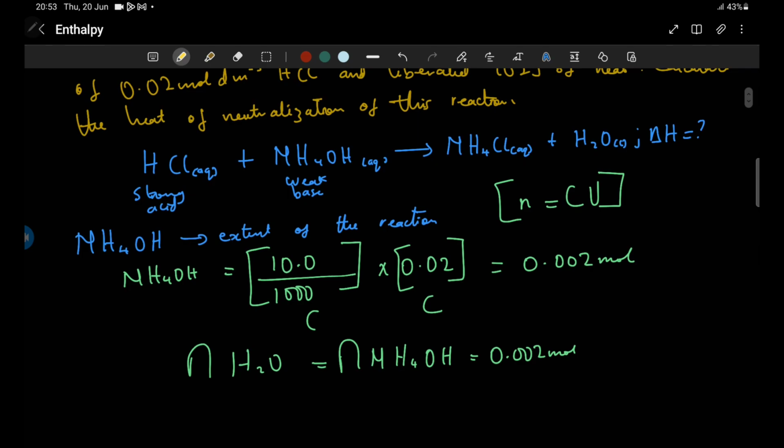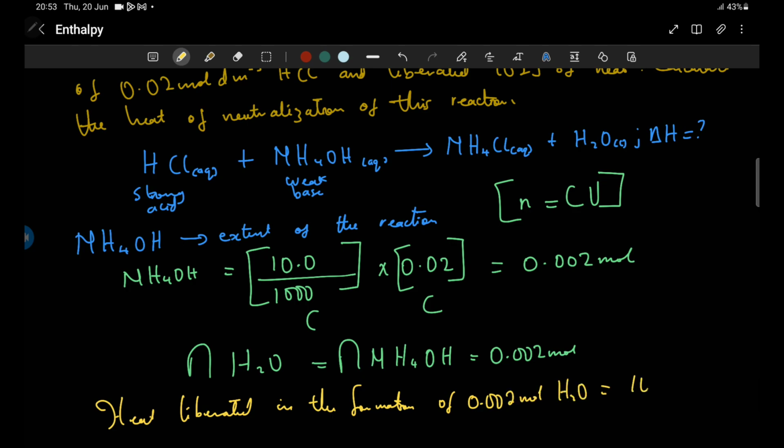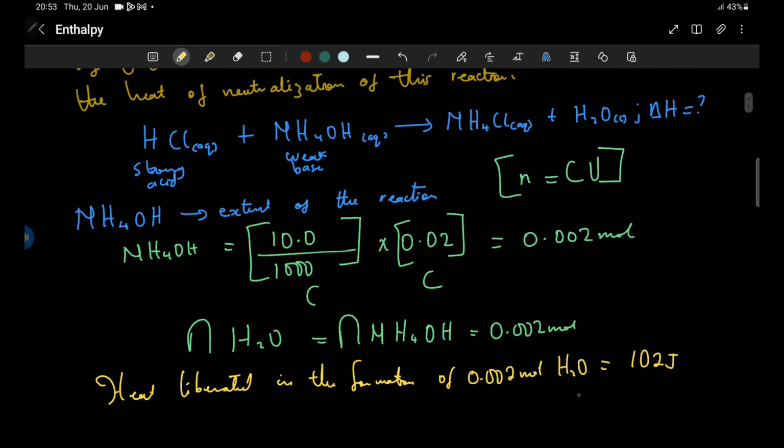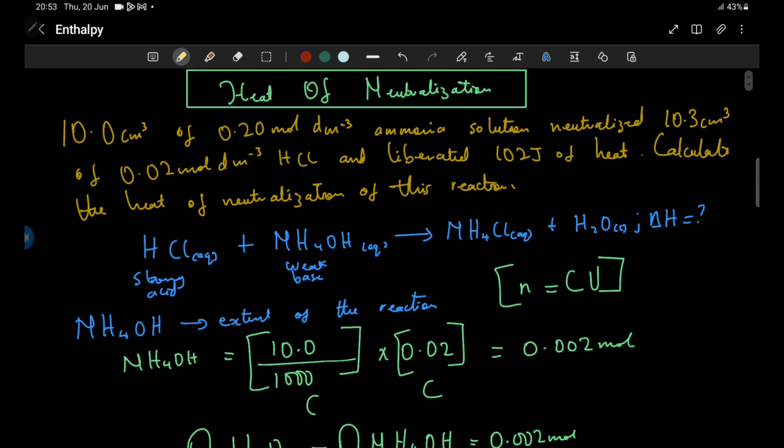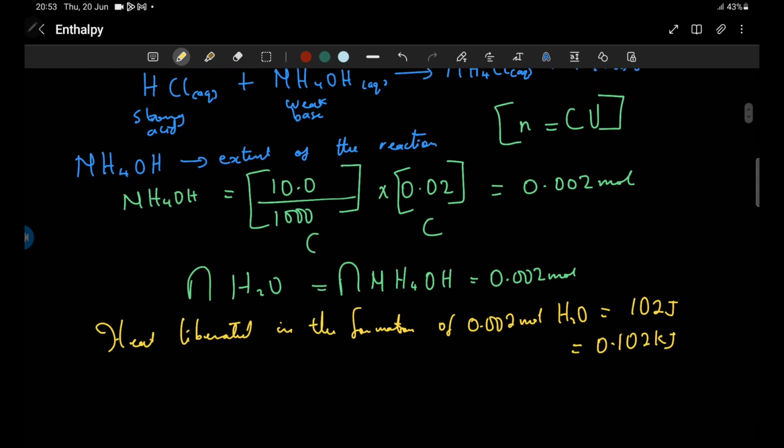So the heat liberated in the formation of 0.002 moles of H2O is 102 joules. All right, and that is also equal to 0.102 kilojoules. Okay, we have that already stated in the question.